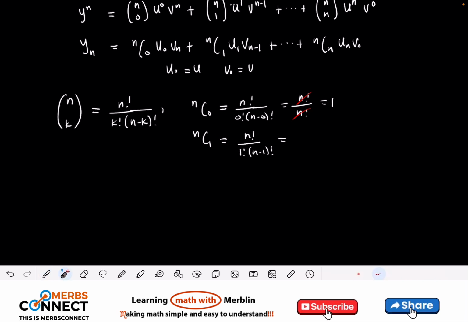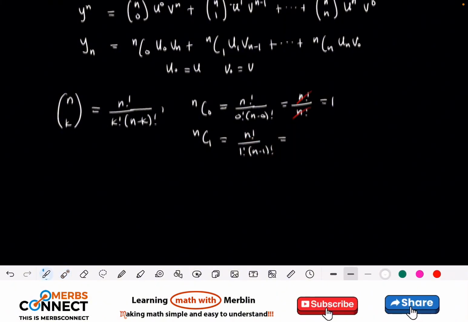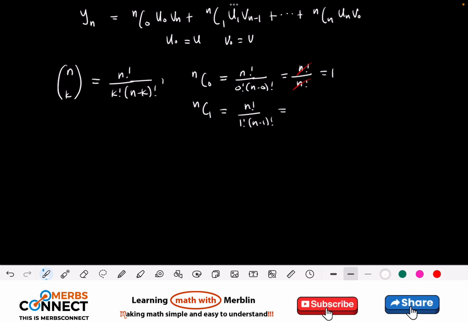But let's look at something here. We can see that we have n minus 1 factorial here, and we have n here. So we can expand the factorial. n factorial is the same as n times n minus 1, n minus 2, n minus 3, up to 2 times 1.